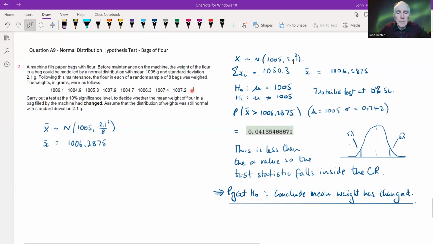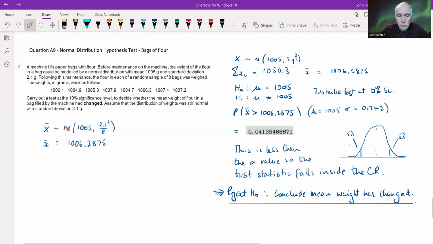But once we've taken the mean of them, we have effectively generated a new random variable, and this random variable has a distribution which is based on the distribution for a single measurement. It's got the same mean, but a different standard deviation. We call this new random variable X bar.